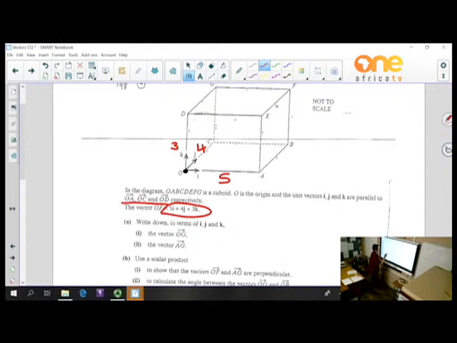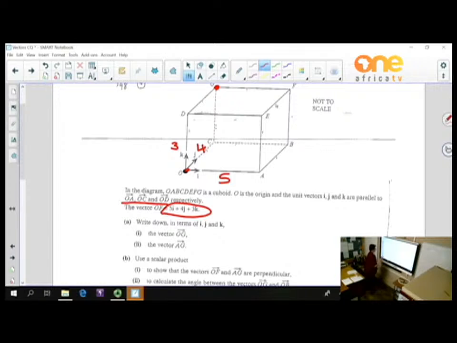So that means I'm going to move from O to G. And now we're going to check the movement on X or I, J, and K. Look here, this is I, this is J, this is K. So to the right or left, to the front or back, up and down. That's what we have there, 3 dimensions.